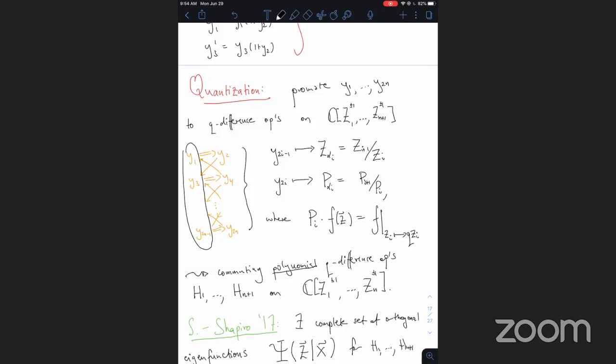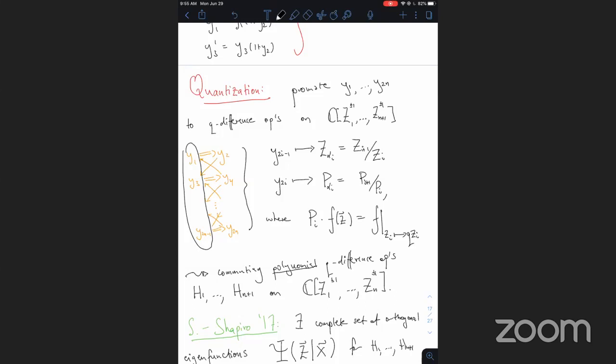They're not rational; there are no denominators involved, because remember these Toda Hamiltonians were given by summing over paths in the network. Each path had a weight equal to the product of a bunch of these y's, and each y is just a polynomial q-difference operator, so therefore so are the Toda Hamiltonians.